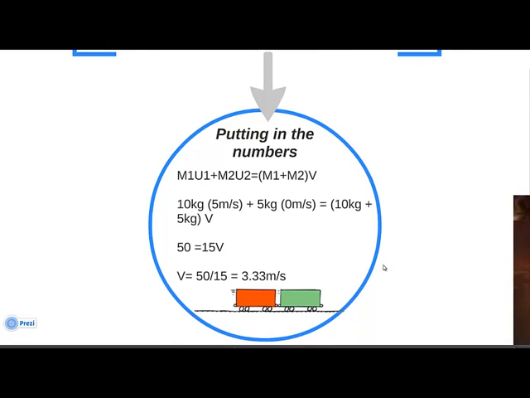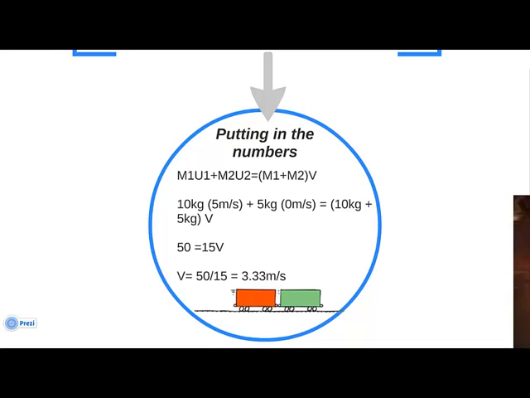So putting in the numbers, m1u1 plus m2u2 equals (m1 plus m2) times v. Mass 1 was 10 kilograms. The initial velocity of body 1 was 5 meters per second. Body 2 is 5 kilograms, and it's at rest, as we saw just now.